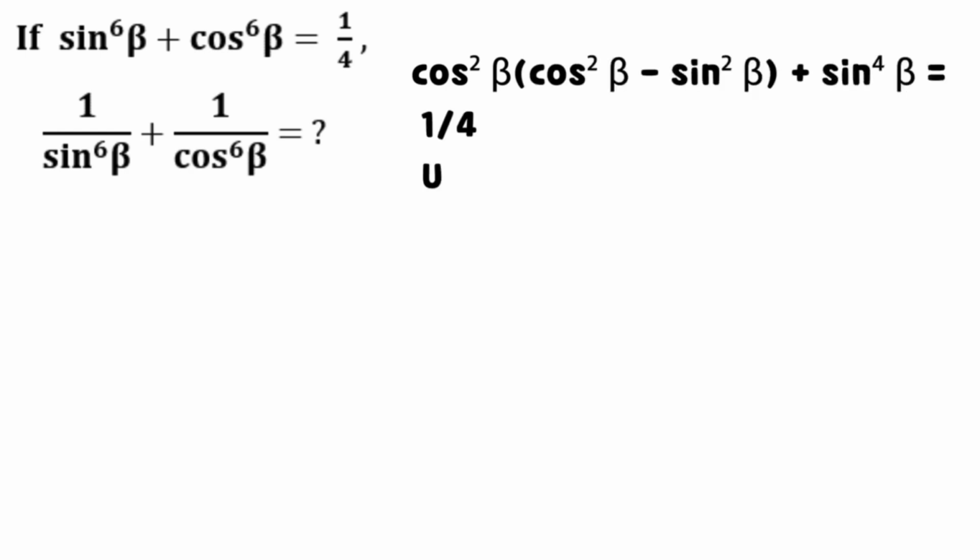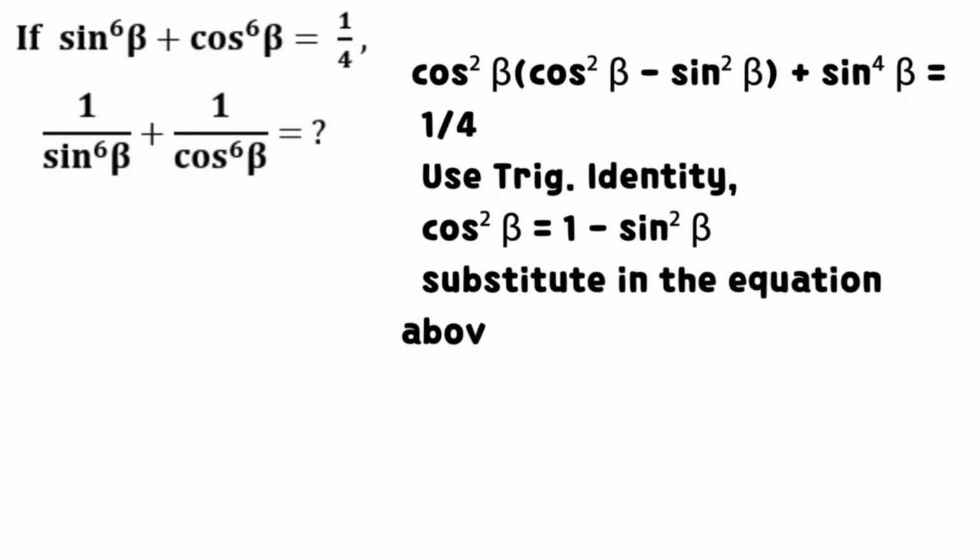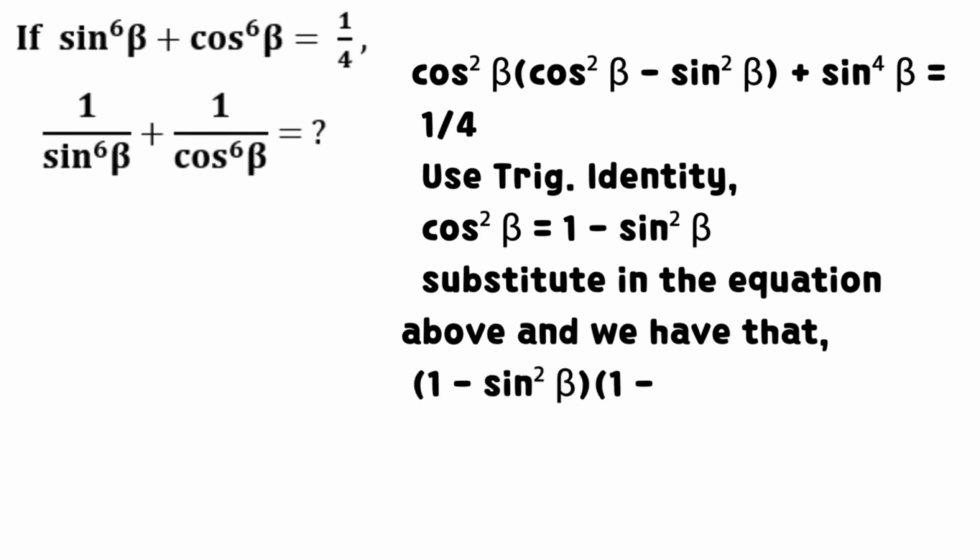This implies that the product of the square of cosine beta and the square of cosine beta minus the square of sine beta plus sine beta to the power of 4 equals 1 divided by 4. Substitute the trigonometric identity for the square of cosine beta as shown on the screen into the equation above. And we have a new equation in terms of sine beta.